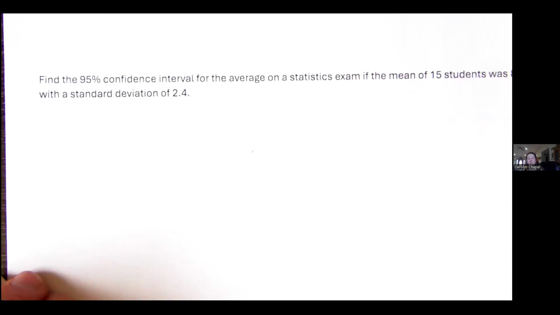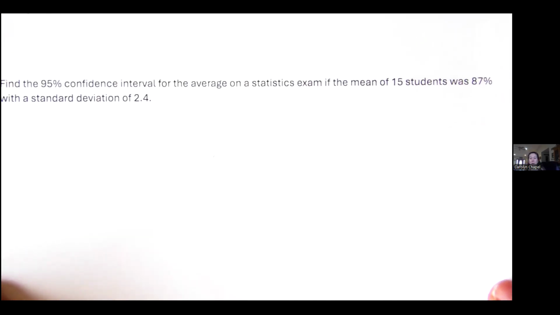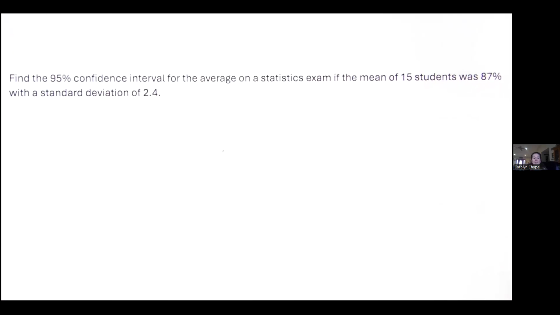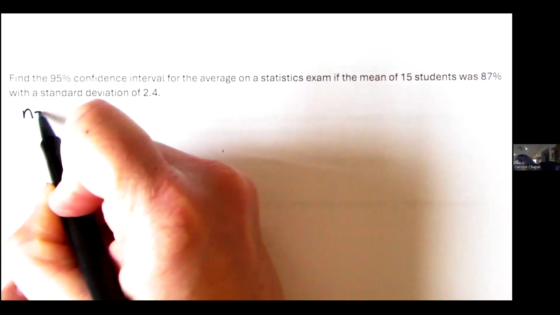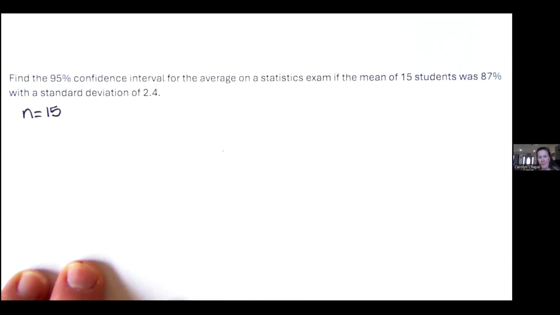All right, so now let's say we want to find a 95% confidence interval for the average on a statistics exam if the mean of 15 students was 87% and the standard deviation was 2.4. So my N is 15, that's the sample size, how many students took the test.